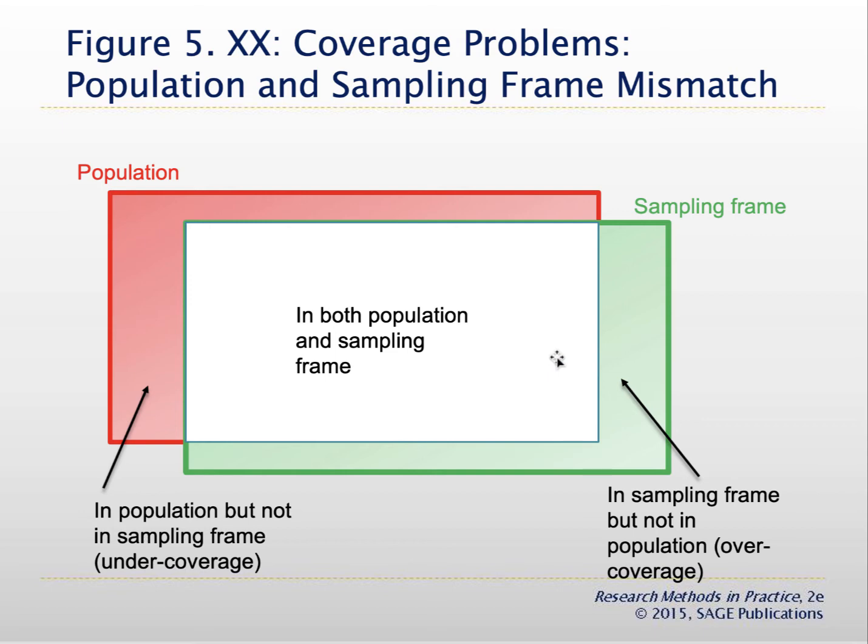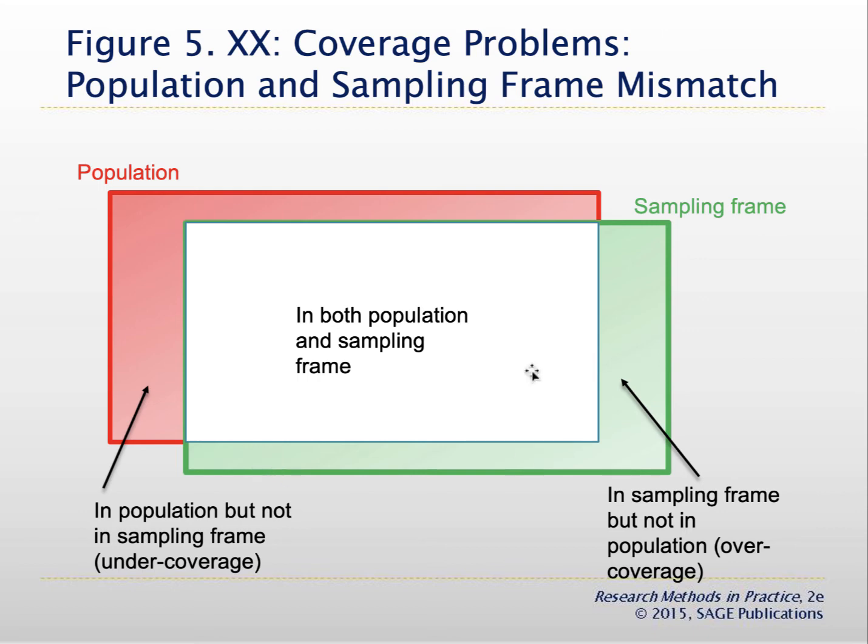Telephone surveys often work by randomly calling people with an area code indicating that they live in a place to vote in the particular election. Well, we all know now with cell phones and everyone taking their phone number when they move, that we have a lot of people who will be in that sampling frame, but they're not in the population.